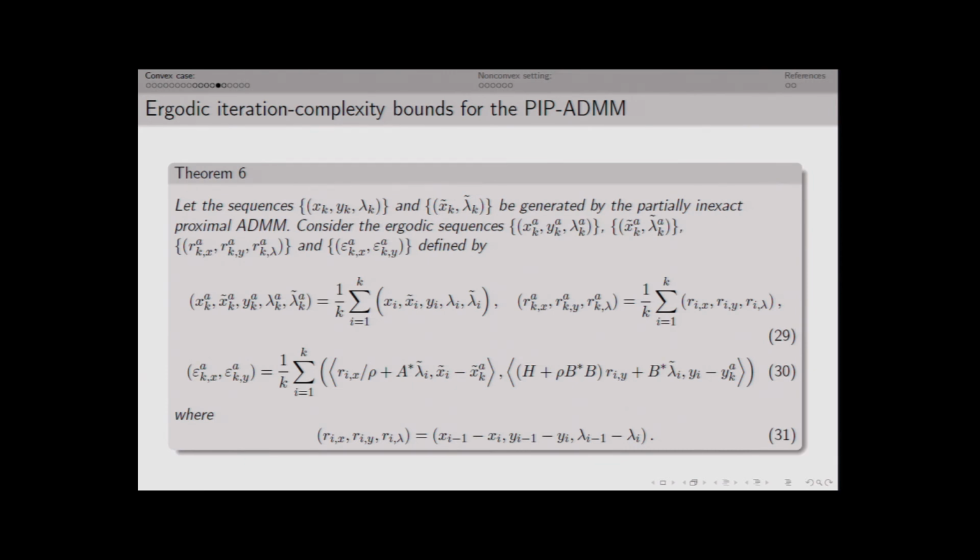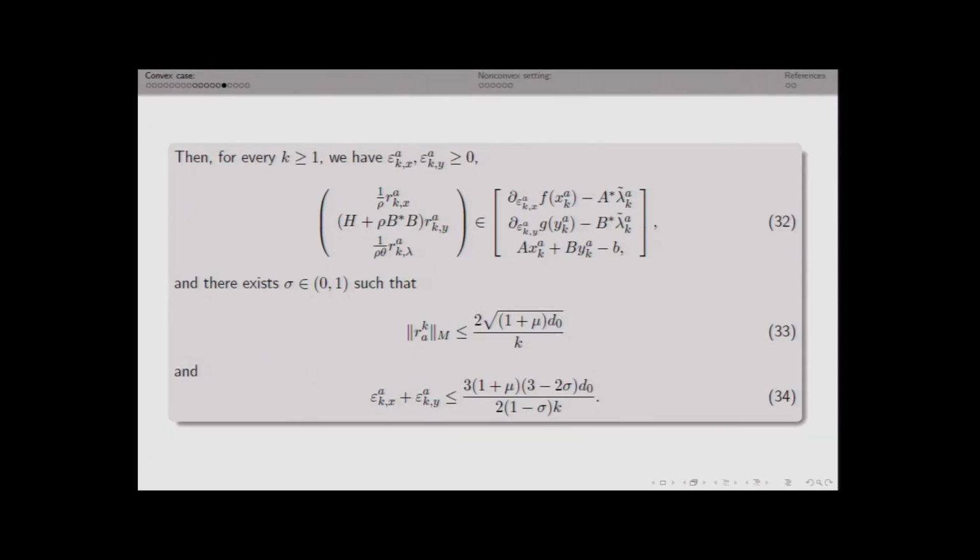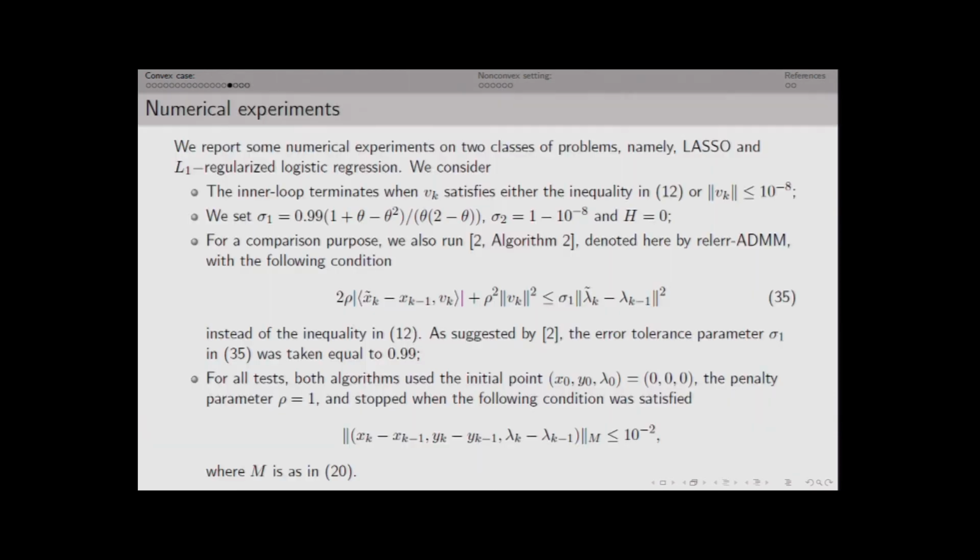The averages are a little more complicated, but you can do it. So for example, in the inner scheme to solve the first ADMM subproblems, we apply the Hpe method, and the outer scheme, which is an ADMM type method, can also be seen as a modified Hpe method, but it has the same iteration complexity properties. This is what all of these results are saying.